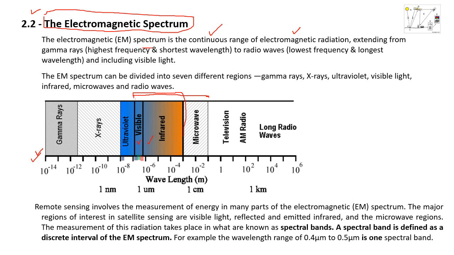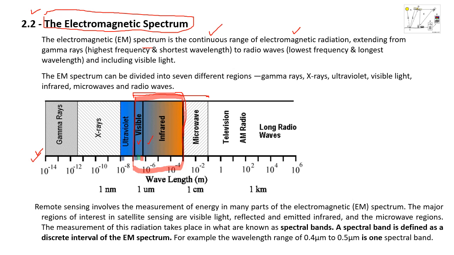In remote sensing, the energy we have to focus on is visible and infrared energy. This is the part. And this energy is continuous. Remember, it is not discrete.